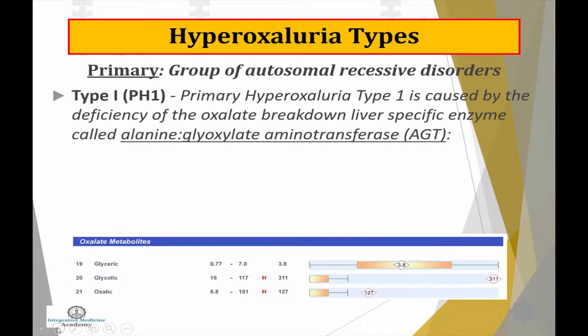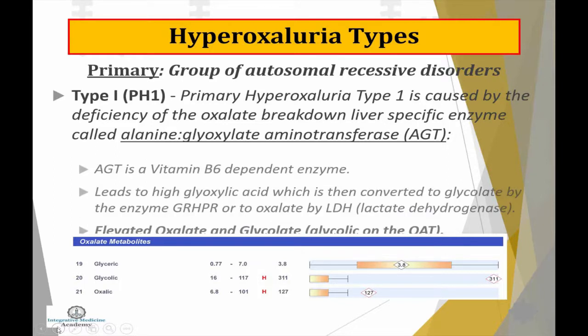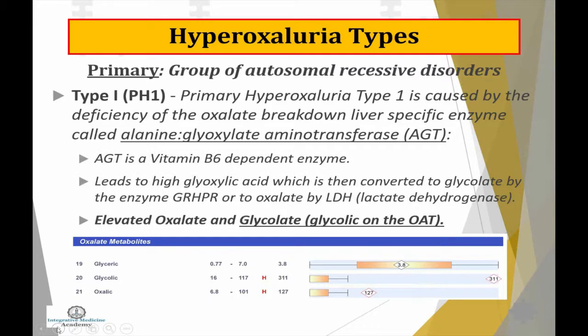It doesn't mean that there's a life-threatening illness occurring if the level is elevated, but they are linked to some type of defect in these converting enzymes. Some people have very severe defects, others have minor. Type 1 hyperoxaluria is caused by a deficiency of an enzyme called alanine glyoxylate aminotransferase. Now, this enzyme is dependent on B6, so a B6 deficiency could contribute to a weakness in the function of this enzyme.